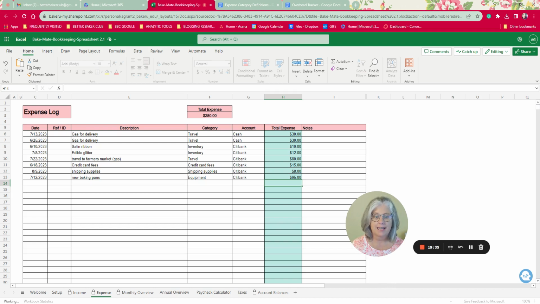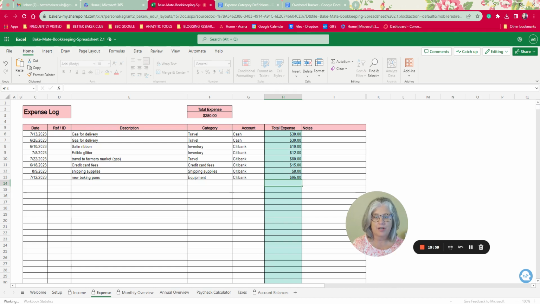So you'll see a utilities audit there, which is going to have you go back in your records, find some old water bills before you started your home bakery, and jot down those amounts. And then you're going to go and find some current water bills while you're running your home bakery and start to look at what the differences are between pre-home bakery and current expenses.